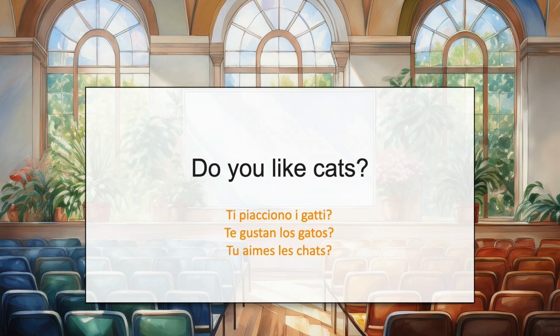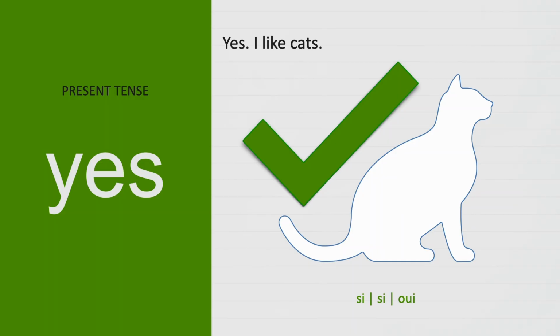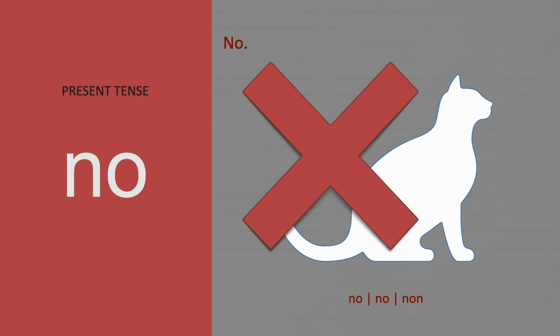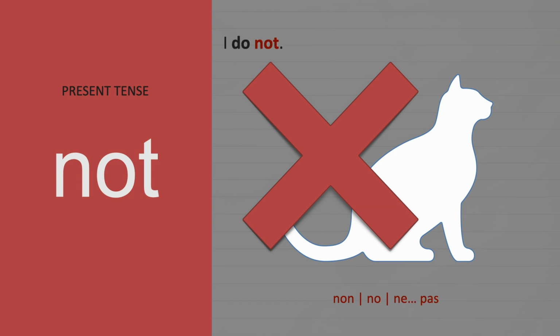Let's look at the first sentence. Do you like cats? You can answer positively and say yes. Yes, I like cats. Or you can say no. No. You can also say I do not.